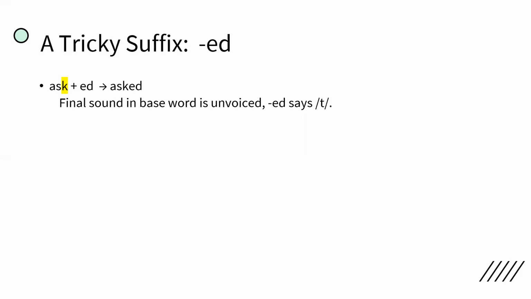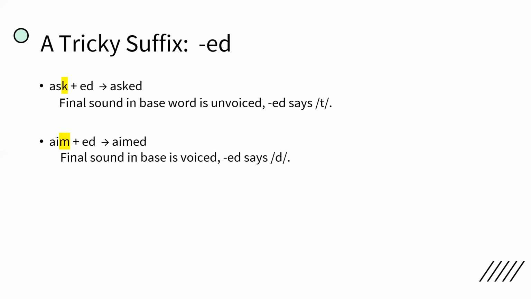If you make that sound, you don't feel any vibrations in your vocal cords. You can tell that by just resting your hand on your throat when you say k, no vibrations. The ed says t, which also doesn't make any vibrations. So when the base word ends in that unvoiced sound, the ed will make its unvoiced sound, which is t.